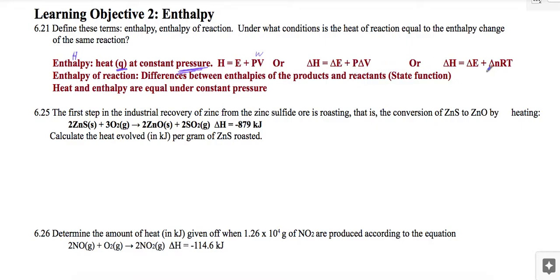And again, we can plug in that same nRT in this equation where we take enthalpy is equal to energy plus nRT. And I'm going to bring this up right now, and we'll prove it in class that delta H is almost equal to delta E.